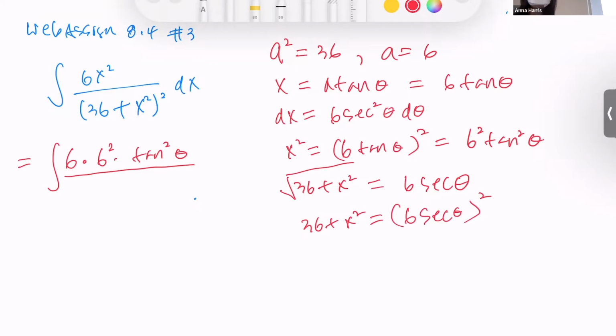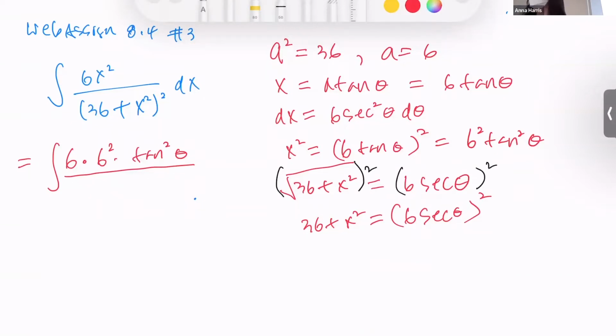Because I think that was where you guys were confused. Like I don't know what it is without the square root, right? It's 6 secant. Because remember, if you have a formula like this, square root of a squared plus u squared would be what? 6 part of the formula. Okay, so think about the formula. You know how to do this, right? Now that you can apply it without the square root, how can you apply that? You can do what? Simply take the what? To the square, right?